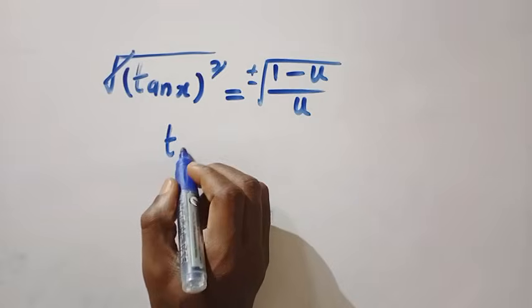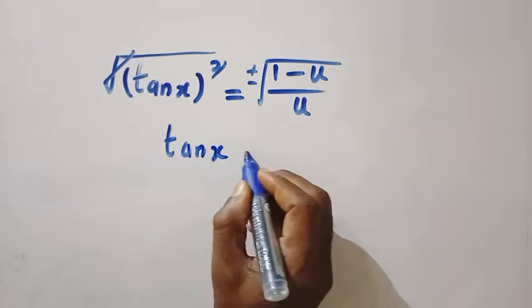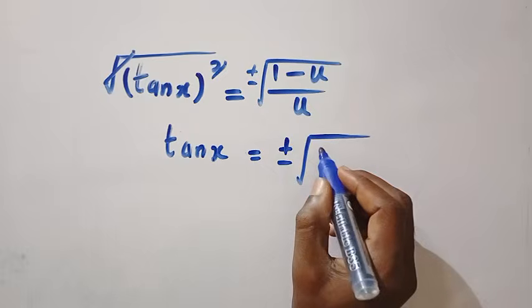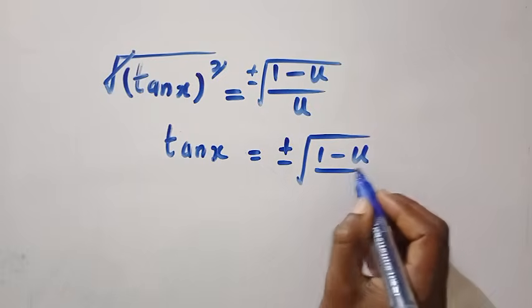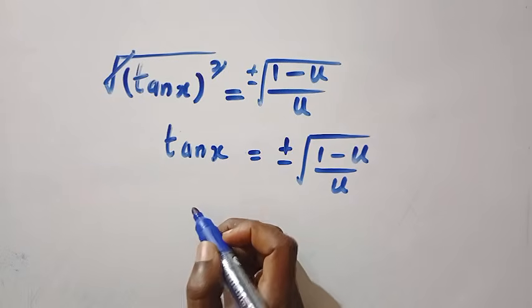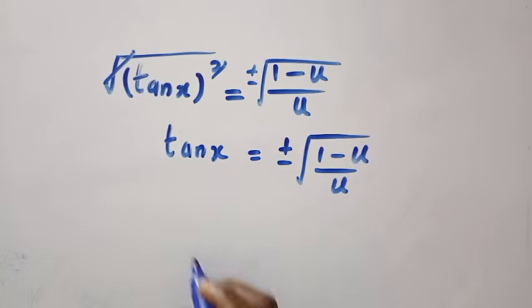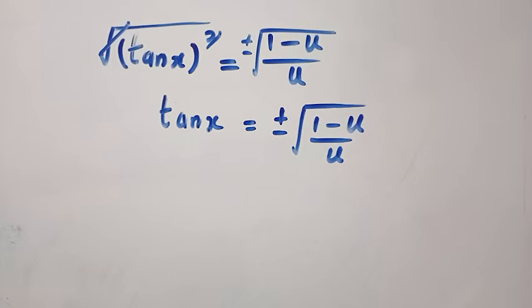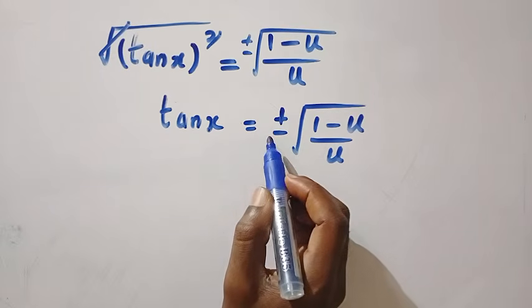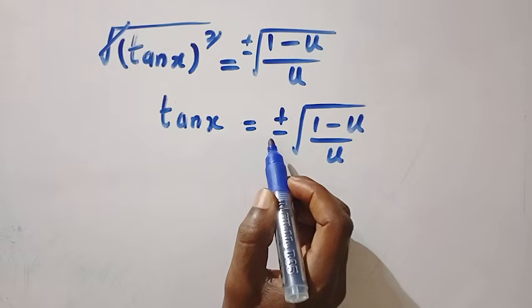This gives us tan x equals plus or minus the square root of 1 minus u divided by u. So here we have expressed tan x in terms of u, but this is plus or minus. How can we deal with this? It's very simple. The sign depends on the quadrant that we are dealing with.